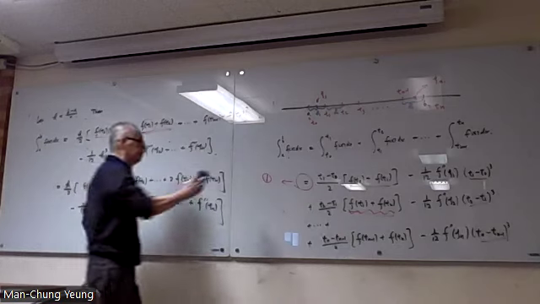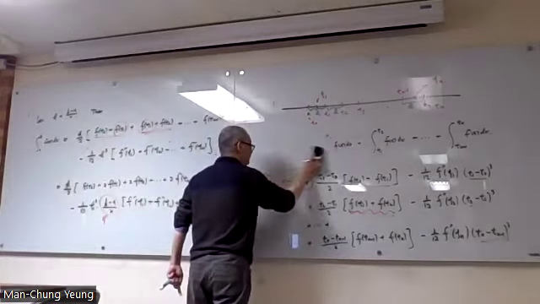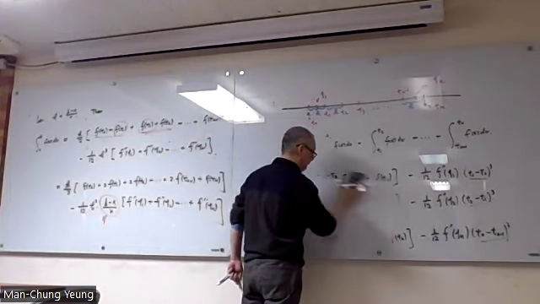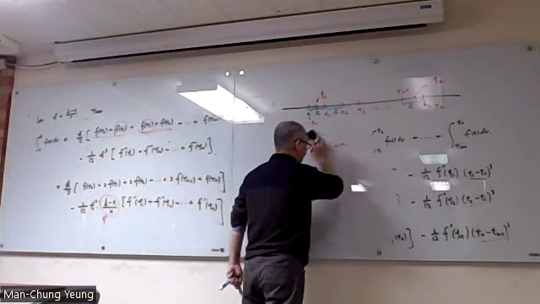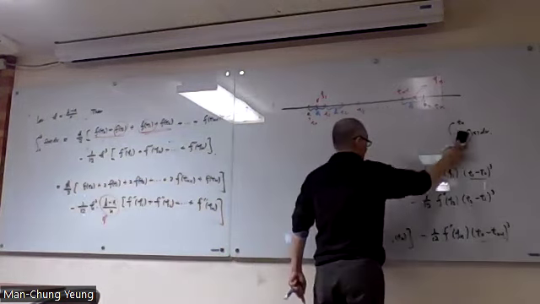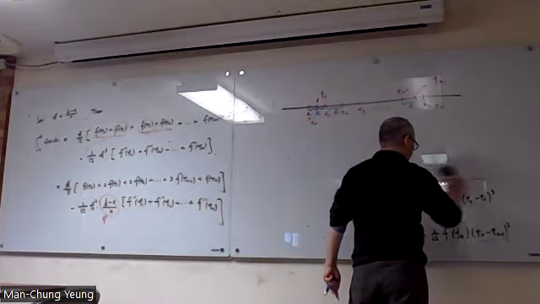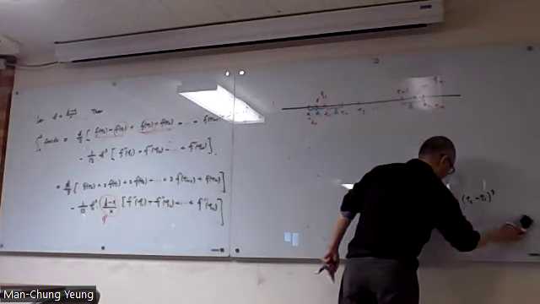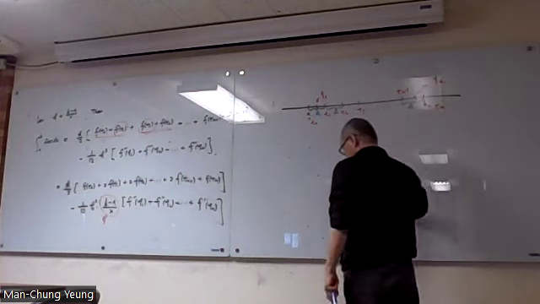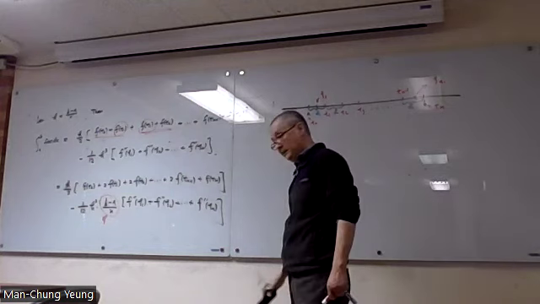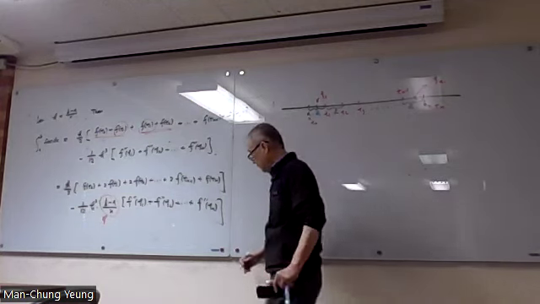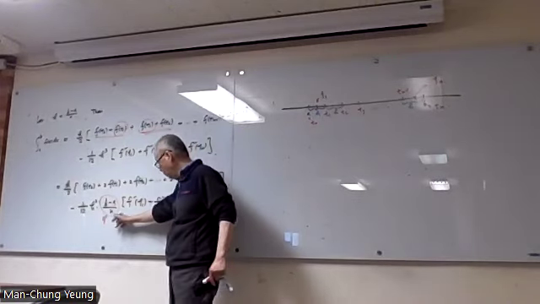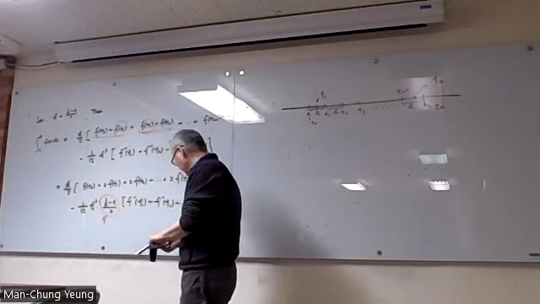Now continue. B minus A over N. How about let me move N here, here.